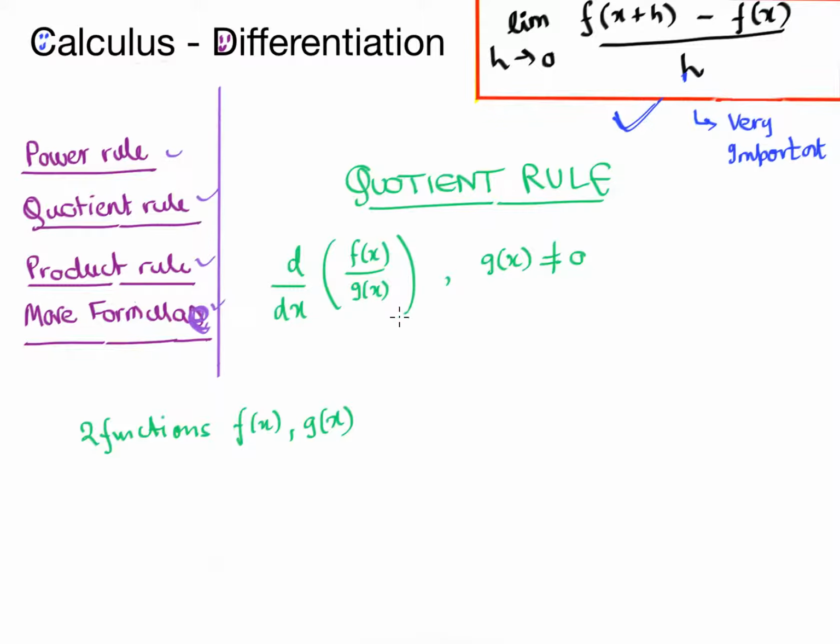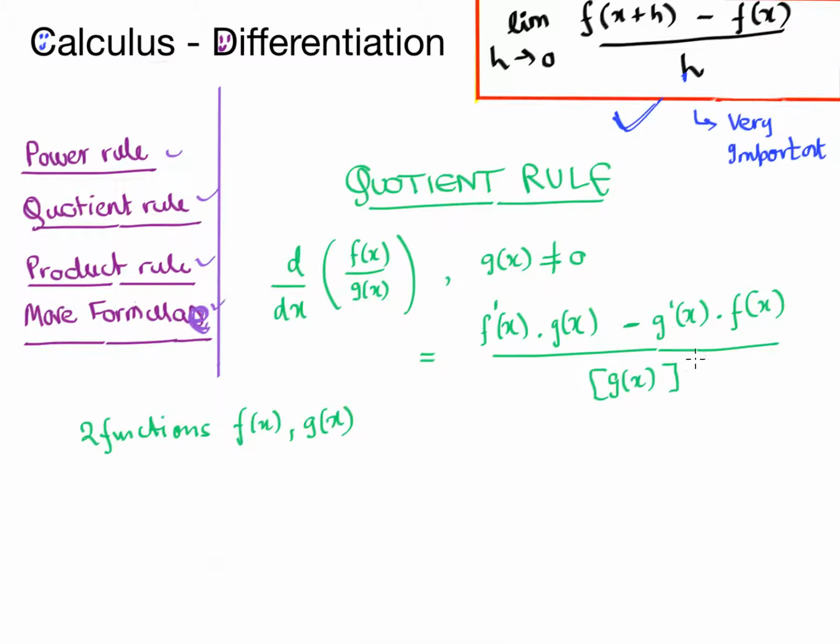So how do we find the derivative over here? There's a formula which is already given. We have f dash of x times g of x minus g dash of x times f of x, divided by g of x whole square.